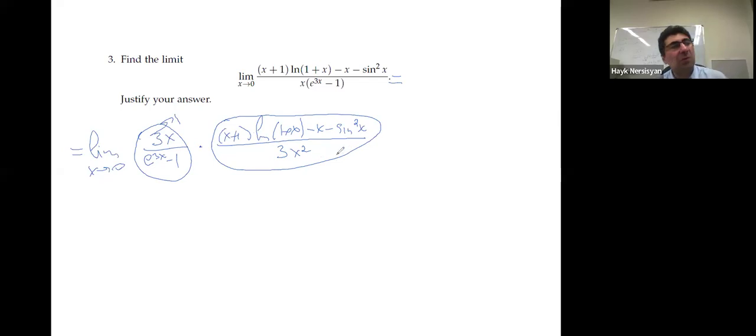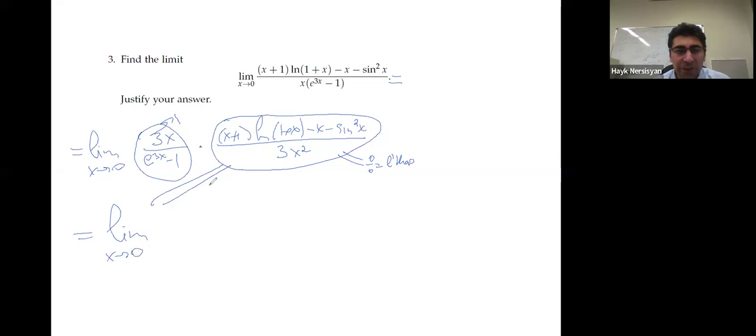Let's do L'Hopital. Let's just rewrite it like it's a 0/0. Hence, we can do L'Hopital. I'm skipping all details. I'm just calculating the limit of this part as x goes to 0.